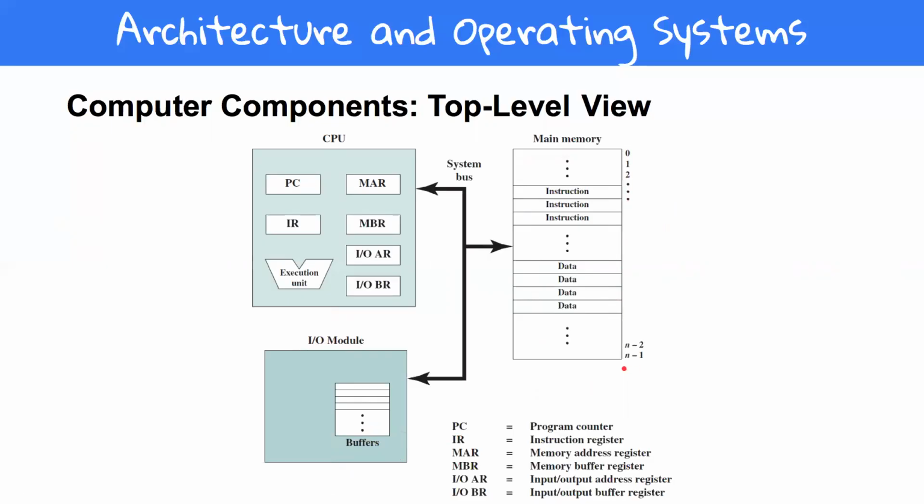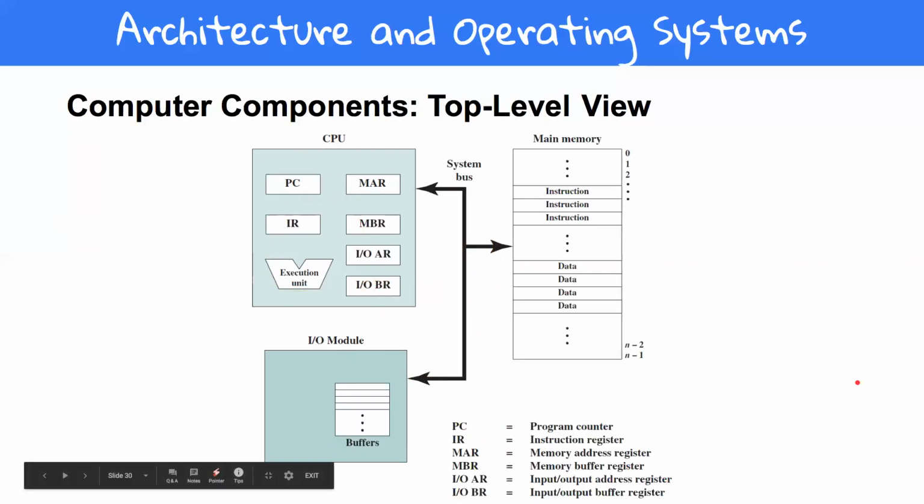For IAS, we've got 1000 locations. We've stored both instruction and data. We know that instructions can be interpreted by the interpreter and send the signal to the execution unit. Between these three units, what we have is the system bus that we'll discuss later. Inside the CPU, we've got an internal bus that again we'll discuss. So this is the top level view of the computer components in the IAS machine.